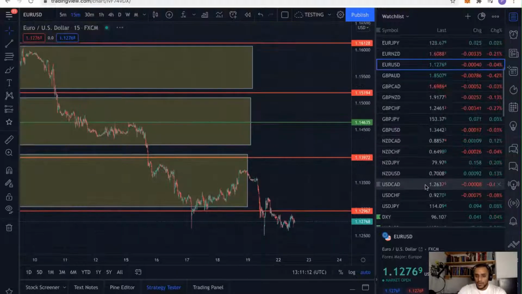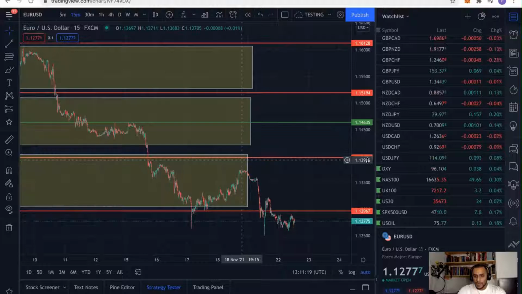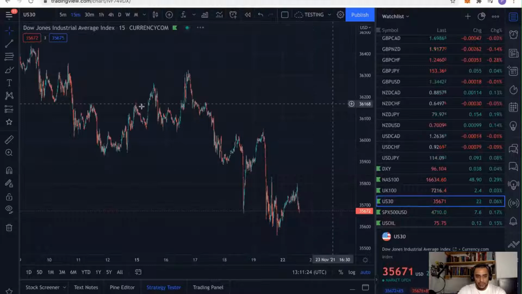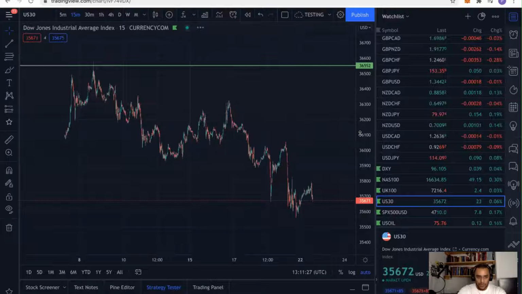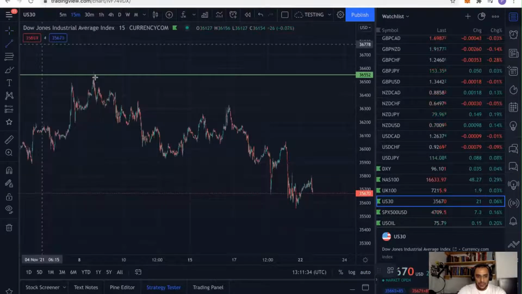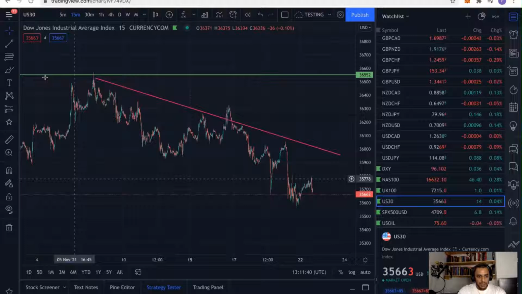Let's have a quick look at US30. US30 is coming down, as we can see. It's moving into almost a descending triangle, as we call it when we see this type of action. That's usually a case of going from the higher highs down to the lower lows, and this is exactly what's happening on a 15-minute scale.